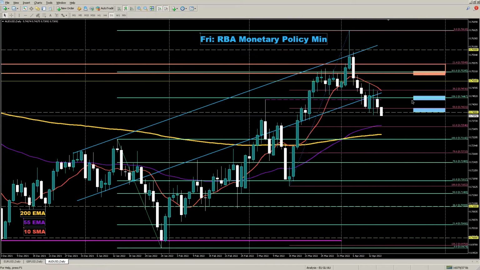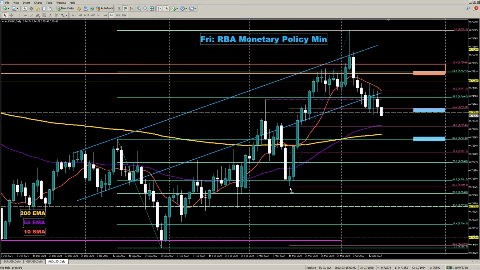So let's move this support zone down to this level here. That's at 73.14. It is moving towards the daily 55, where the 62 fib retracement is.